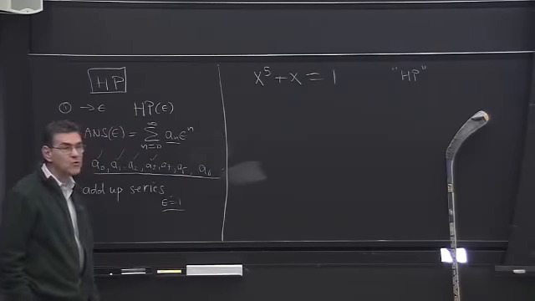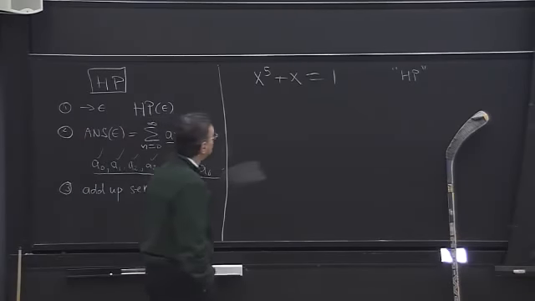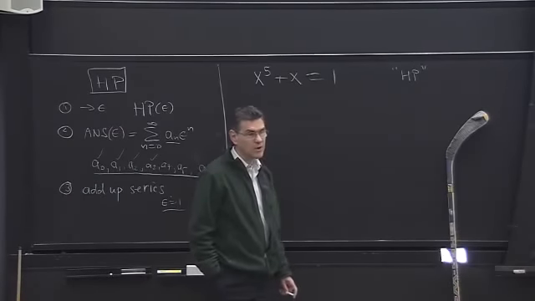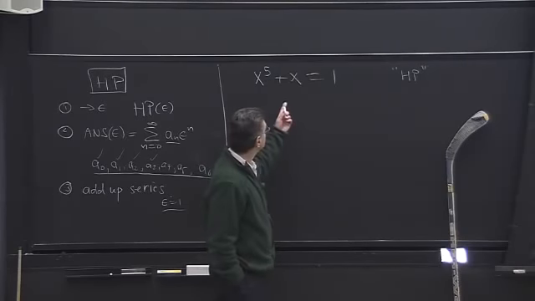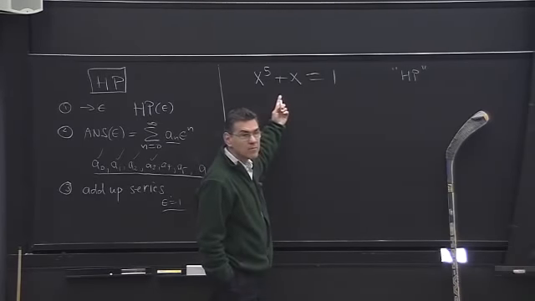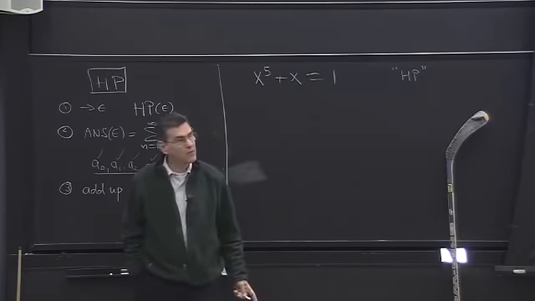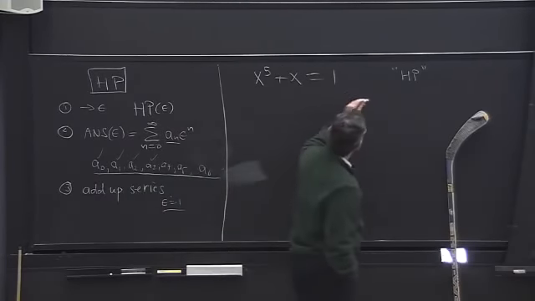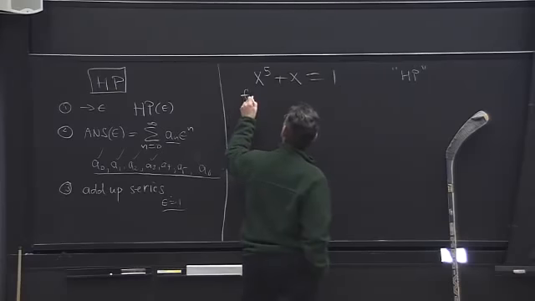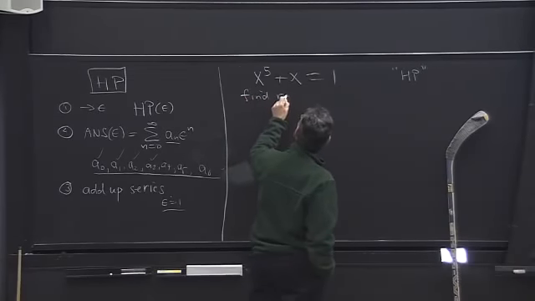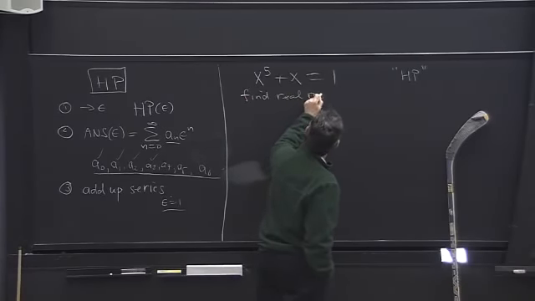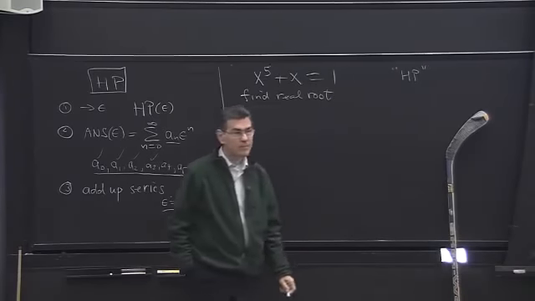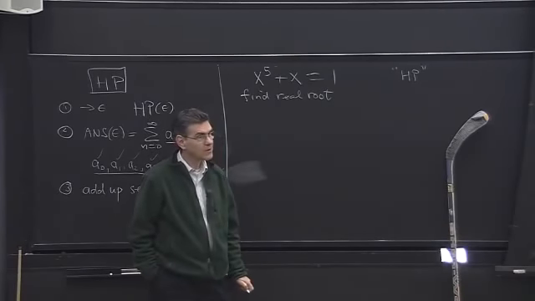Okay, now suppose your problem is to find the real root of this. By the way, what do you think the answer is going to be? I mean, roughly. Can you guess? If we're looking for the real root. The problem is to find the real root. 0.92.